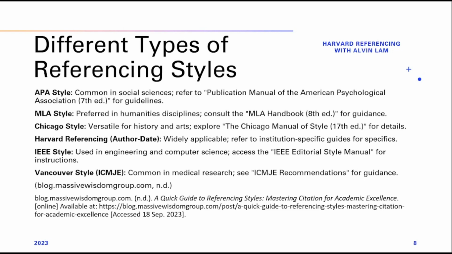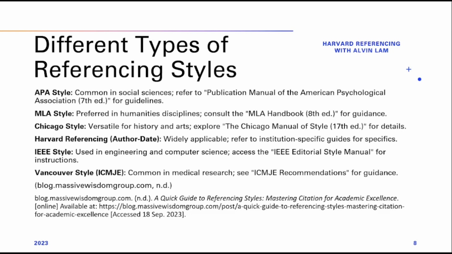Now, let's take a look at different types of referencing style. There are a few popular ones, like for example, the APA style, which is often used in social sciences and the business world. The MLA style, right, used in the humanities discipline. Chicago style, which is a versatile kind of reference way for history and arts. Harvard referencing, which is something that we will focus on today, has wide applicability.